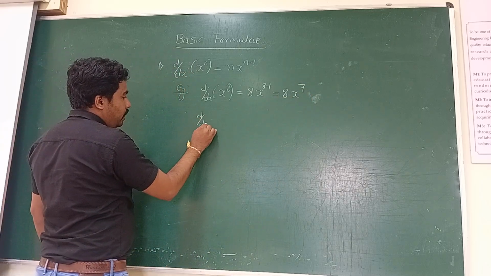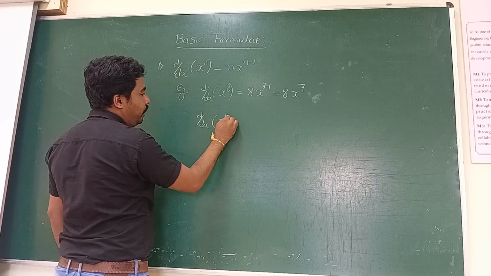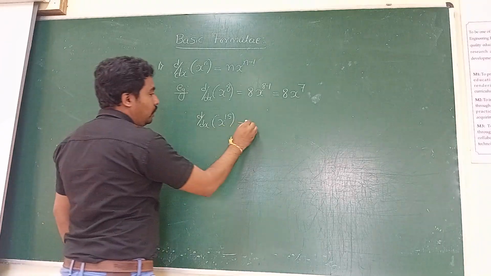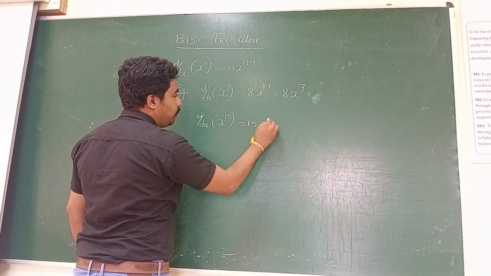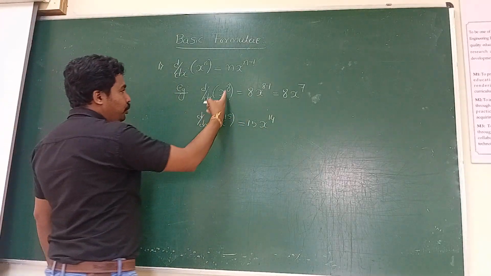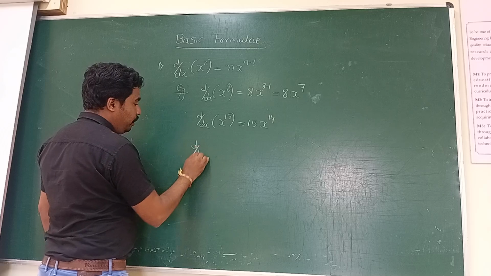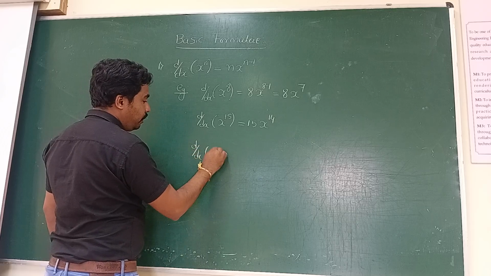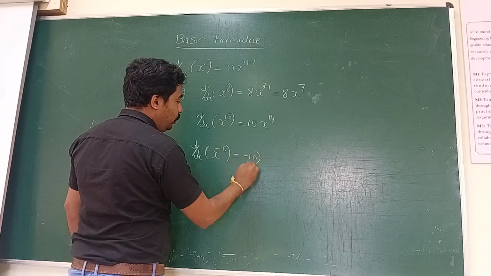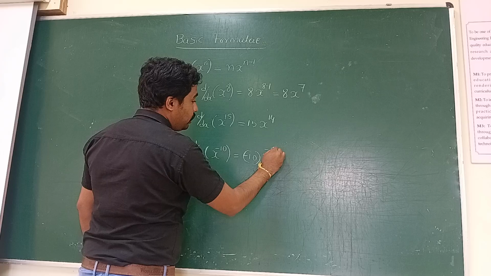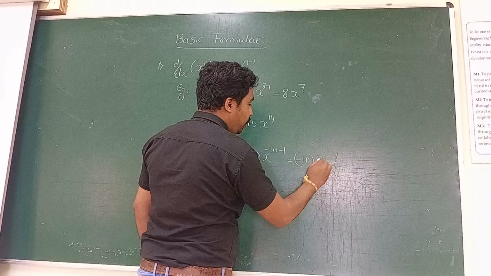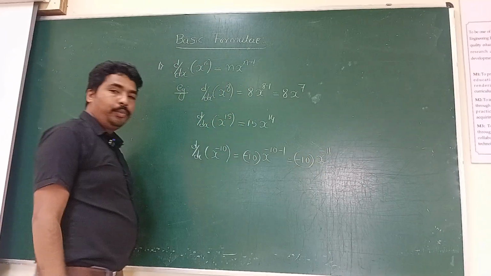Or d by dx of x power 15: it is 15 into x power 15 minus 1, that is 14. These are positive powers. If I consider negative powers also, differentiation of x power minus 10: what happens? Minus 10 into x power minus 10 minus 1, that is minus 10 into x power minus 11.